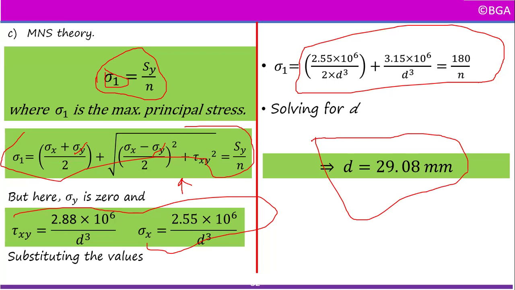That's why we don't use it for ductile material, because it doesn't give us an exact prediction of failure. You see that this size is less by about 10 millimeter than the earlier values. So this theory is not totally recommended to use for brittle materials.